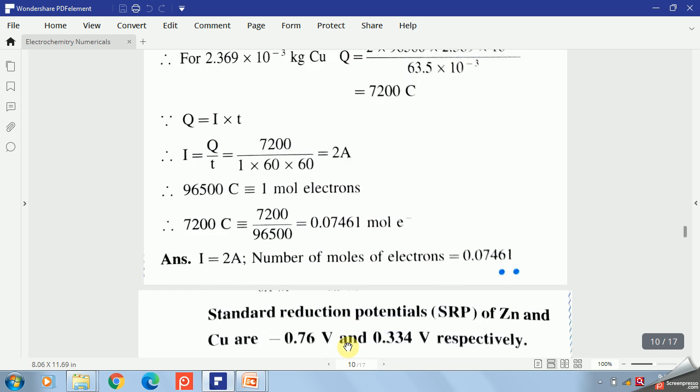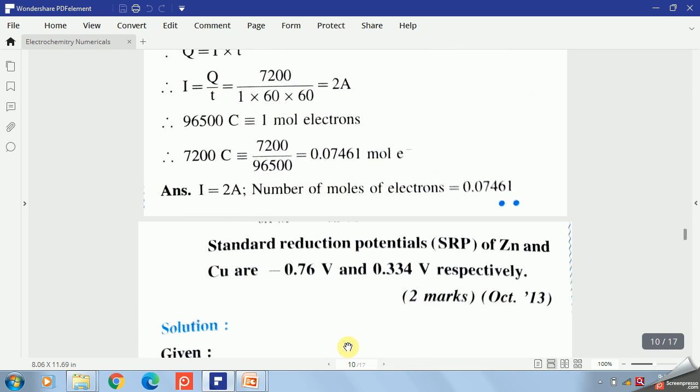Now the next numerical is, in this numerical some part is missing. I will read that. You have to write the electrode reactions and net cell reaction for the cell and calculate the EMF of the cell, which is a Daniell cell, but the molarity is different, at 25 degree centigrade.